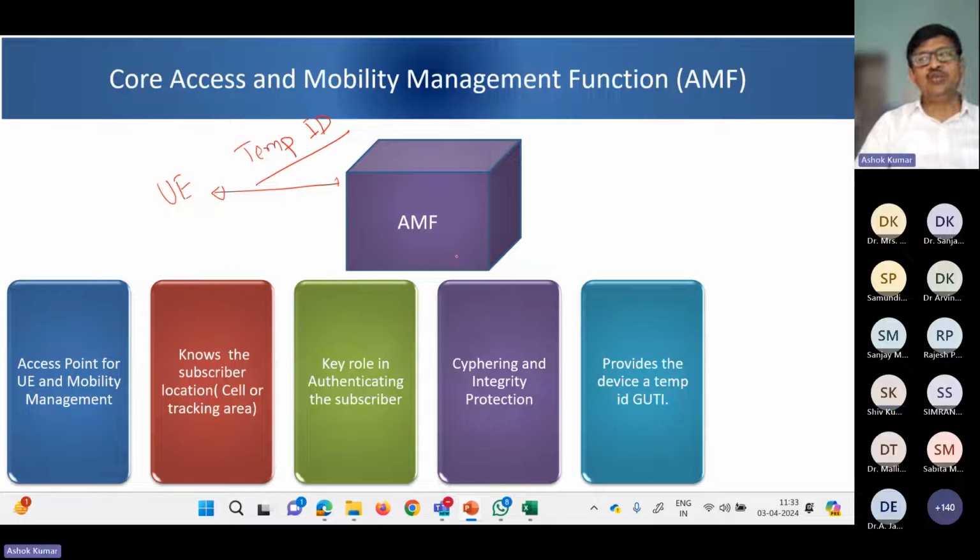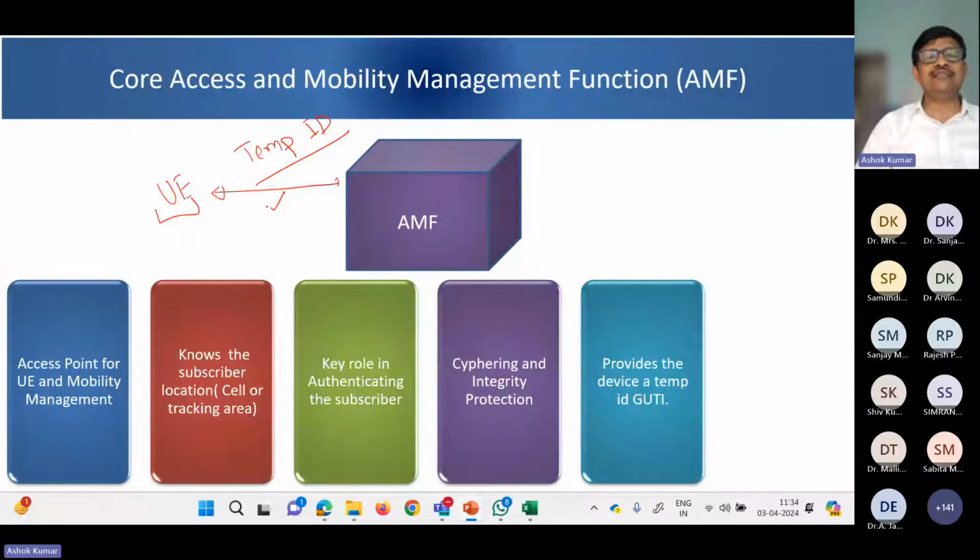So UE has to prove its identity to the network. For that purpose, UE is required to send its ID, that is IMSI itself, to the AMF. In case of 5G, there is a mechanism by which the UE's IMSI gets encrypted and then only it is transmitted over the air so that nobody is able to capture.